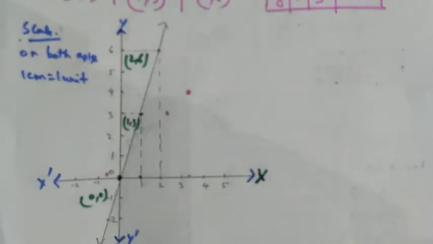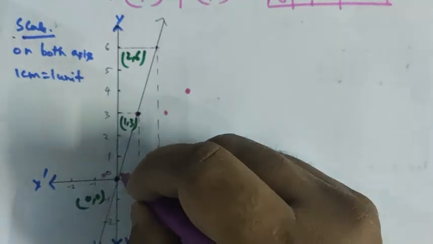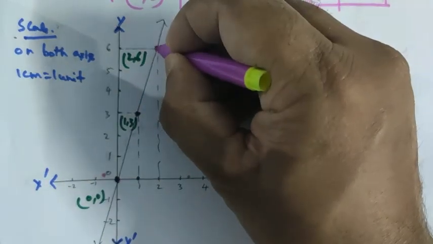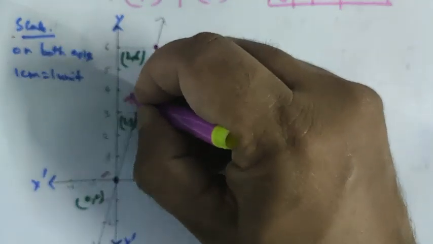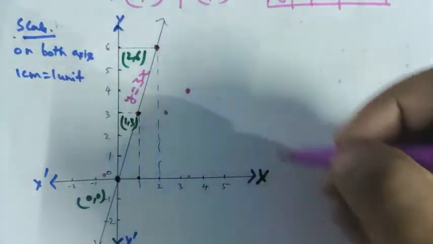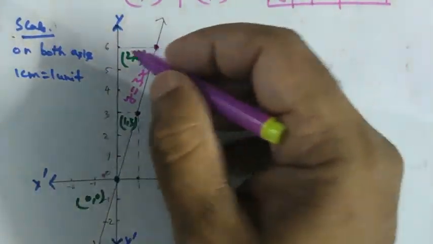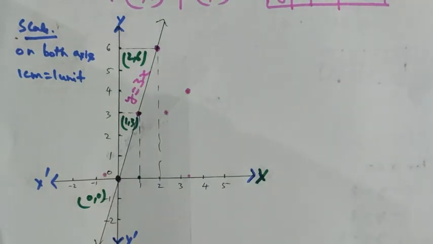And don't forget to write what? The equation. What was the equation? y equals 3x. So scale I have written, x dash y dash written, coordinates of all the points written, and the equation written. Got it?